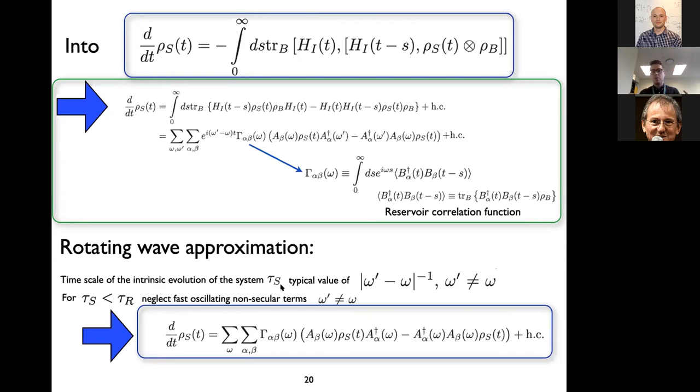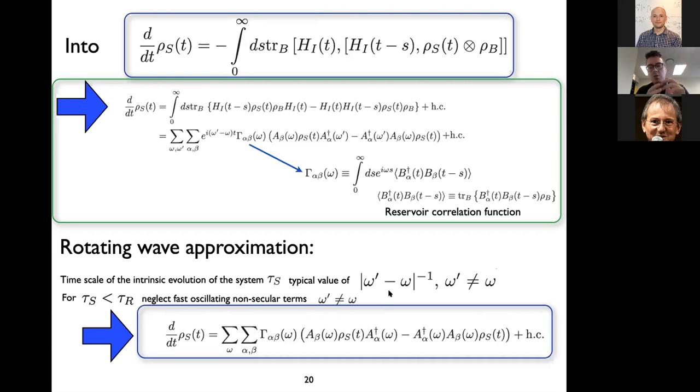Okay, sorry, let me put it this way. We're defining tau S as a timescale which characterizes the evolution of our open system, generated by the open system Hamiltonian H S. If we define it this way, we can note that a typical value of this timescale tau S will be given by the inverse of the difference omega prime minus omega in this expression.